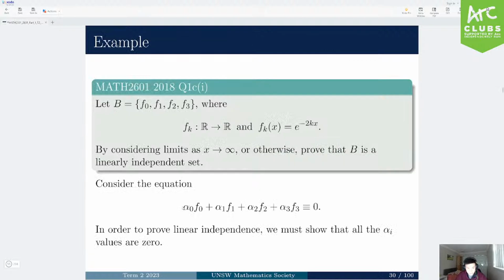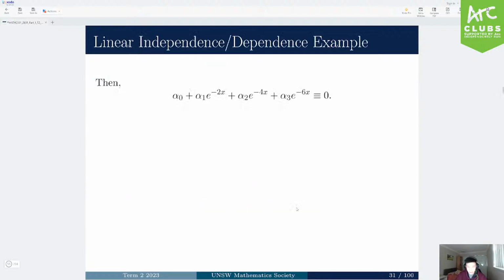Starting with this equation, if we evaluate this at x, we get alpha 0 plus alpha 1 e to the minus 2x, and so on, equal to 0. Again, emphasizing the equivalence here, we want this equation to be the 0 function itself. Notice we can take the limits on the left and the right as x approaches infinity.